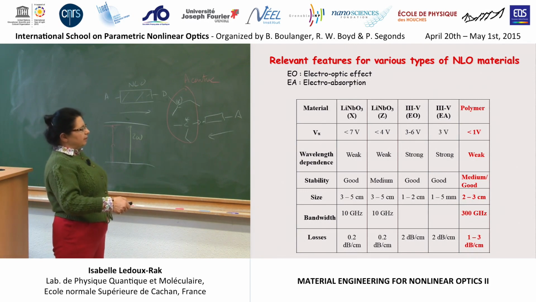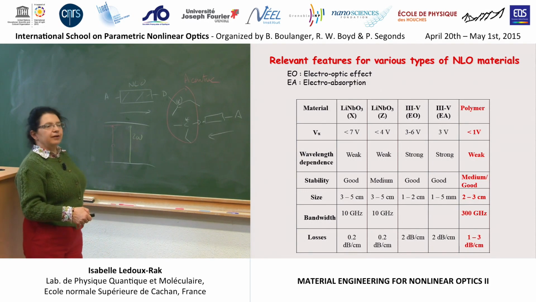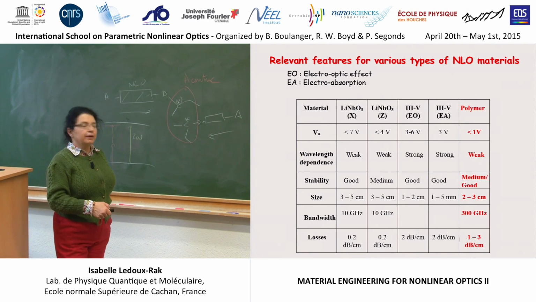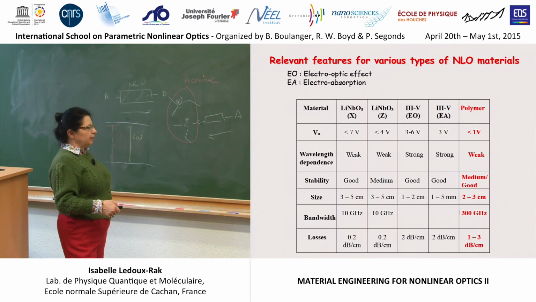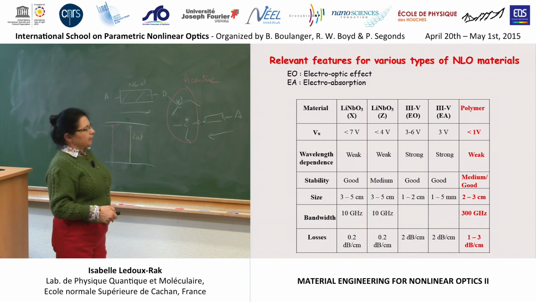The stability is good for inorganic and medium good for organics, but as we have seen before, it has been possible to really make the material very stable at operational temperature. So now it's almost meeting the requirements for lithium niobate.